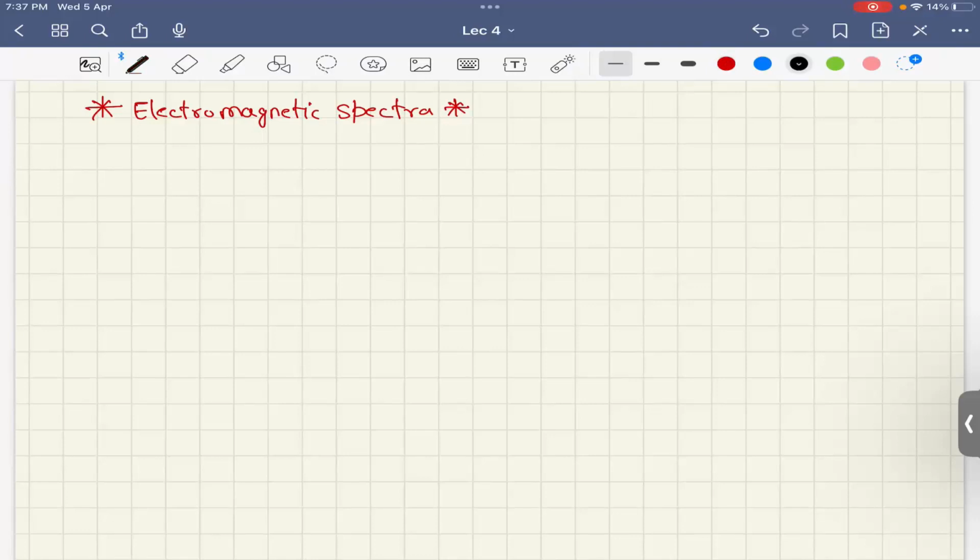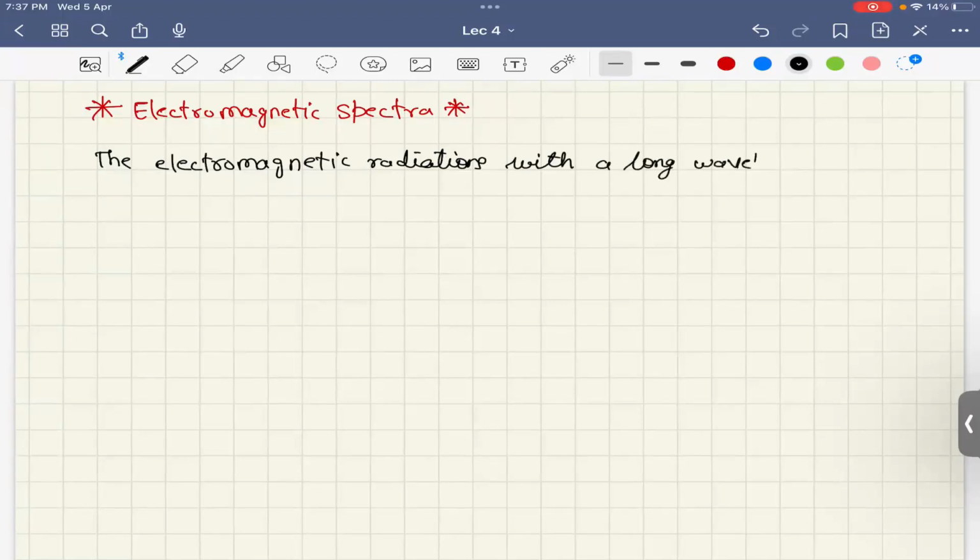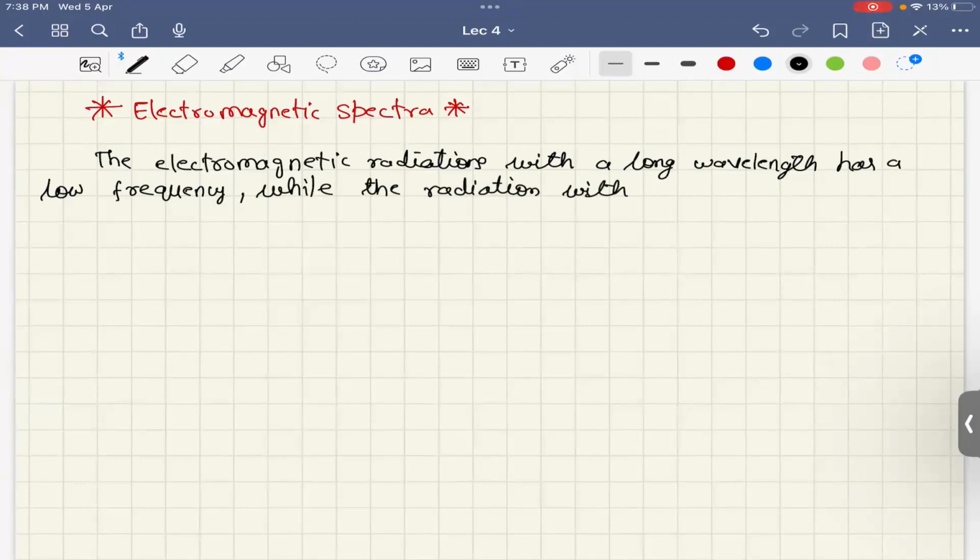The electromagnetic radiation with a long wavelength has a low frequency, while radiation with short wavelength has a large frequency.